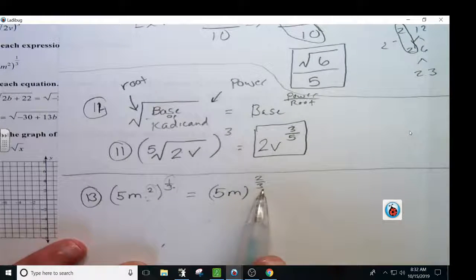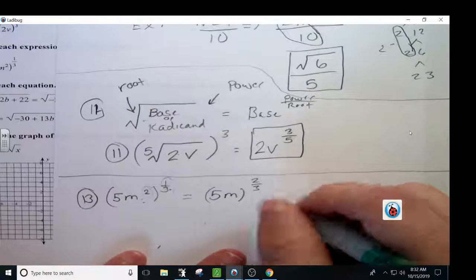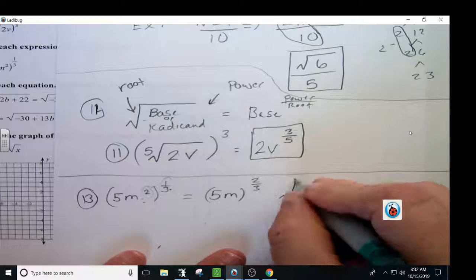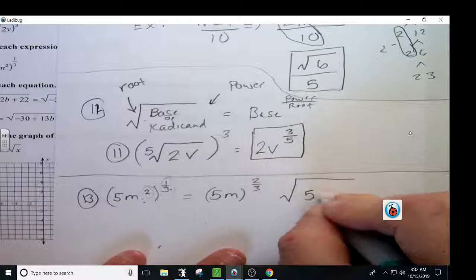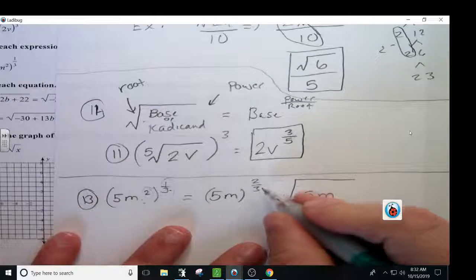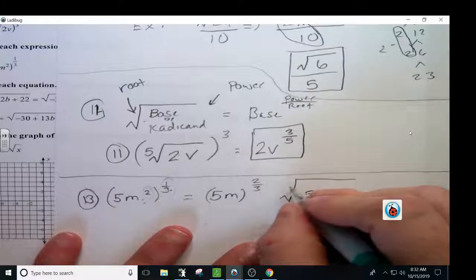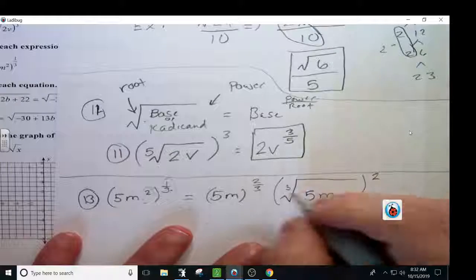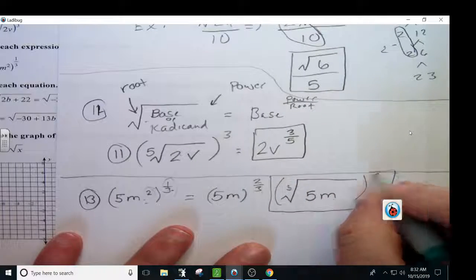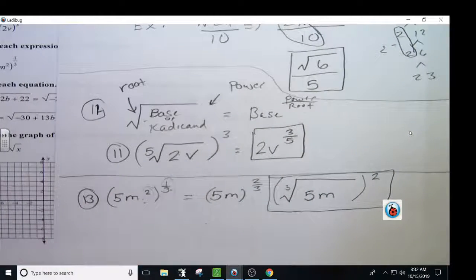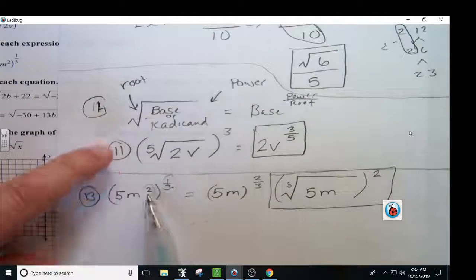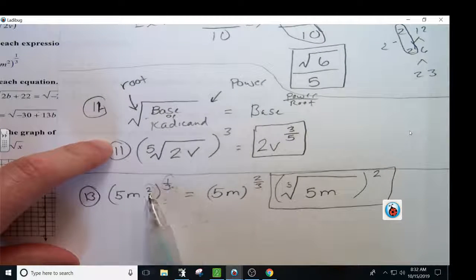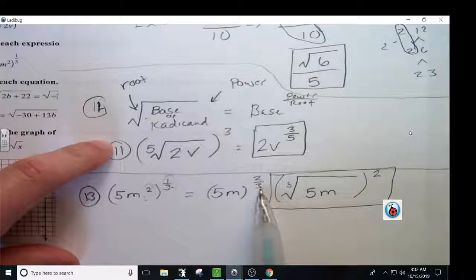And then write it. So it's going to be 5m, and then my power's 2, my root is 3. That'd be your answer. So, guys, all you're going to do if you have one like this that's got 2 powers, you're going to multiply those, make it one single power, and then put it in radical form.